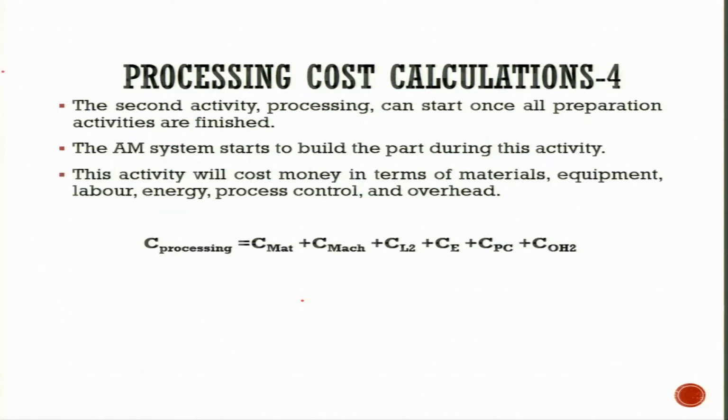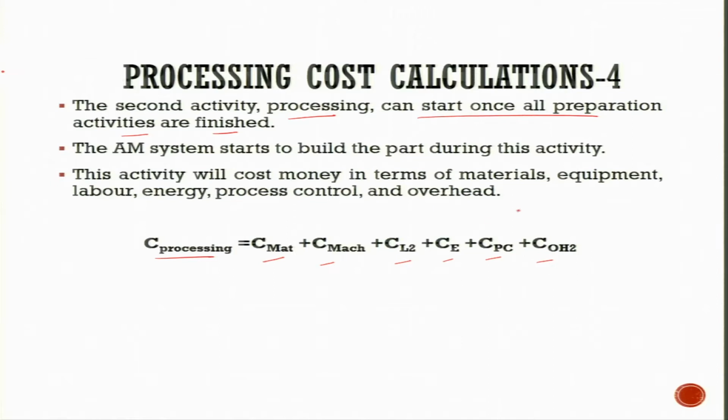Next is the processing cost calculation, in which the second activity, that is processing, can start once all the preparation activities are finished. So, this cost of processing is equal to the cost of material plus cost of machine plus cost of the labor in processing, plus CE plus CPC plus C overheads 2.